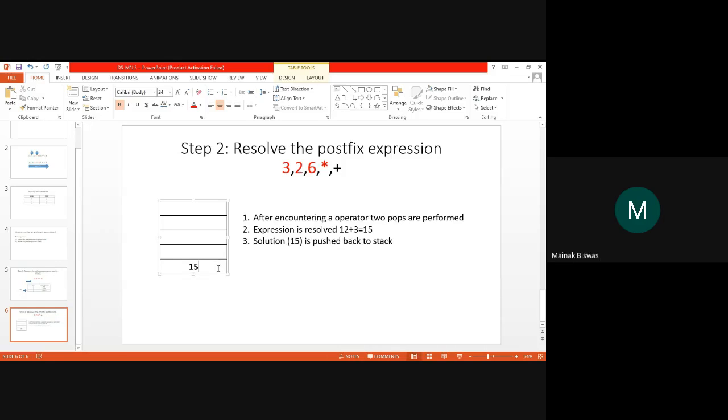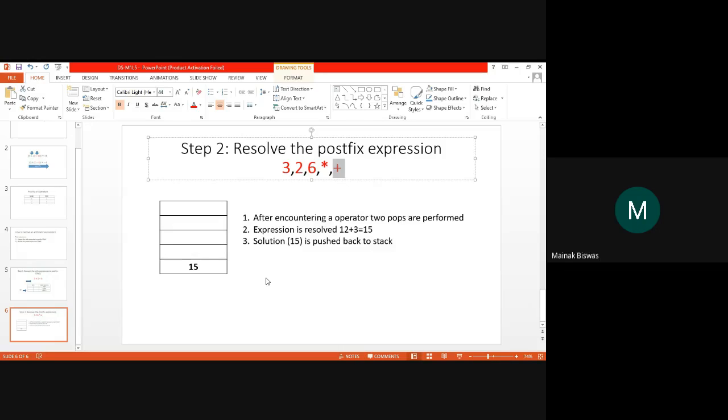As soon as there is no operator left, or we have reached the end of the expression, the problem is resolved. Right. This is how a simple arithmetic expression is solved using a stack.